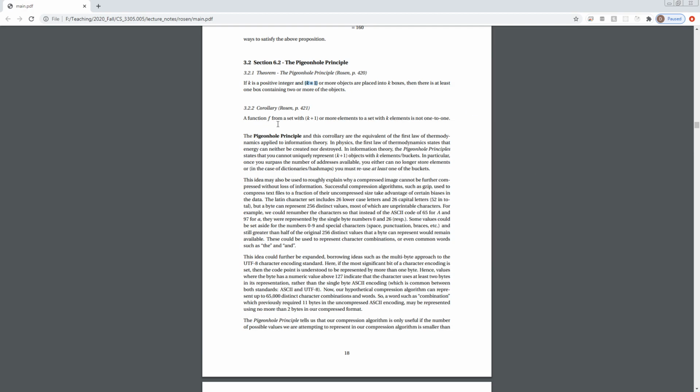Okay, so a function f from a set with k plus 1 or more elements to a set with k elements is not one-to-one.